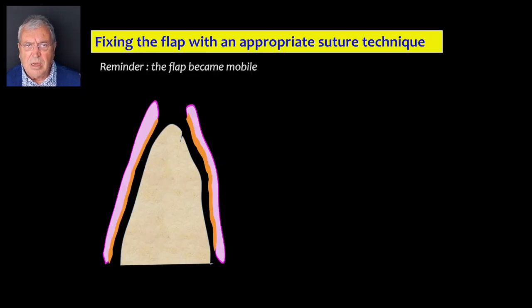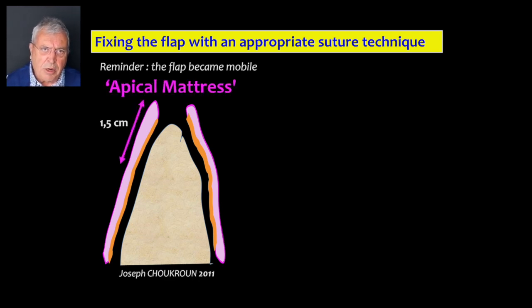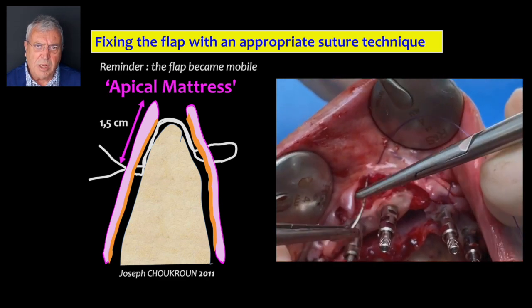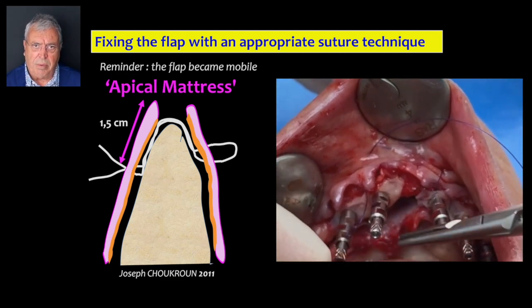And then how to fix the flap, because the flap is mobile. We need to use a specific technique. I designed the apical mattress after my meeting with Mamoto in Boston. I understood that we need to remove the tension, mostly in the buccal flap.